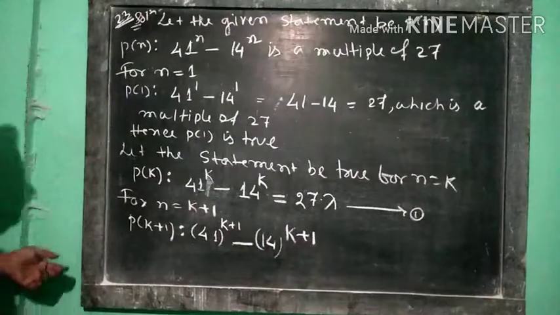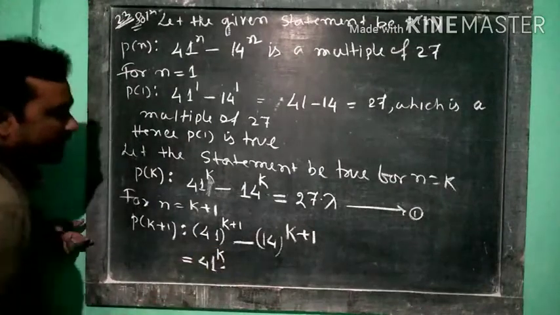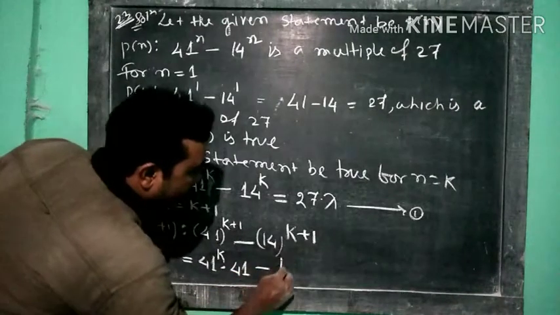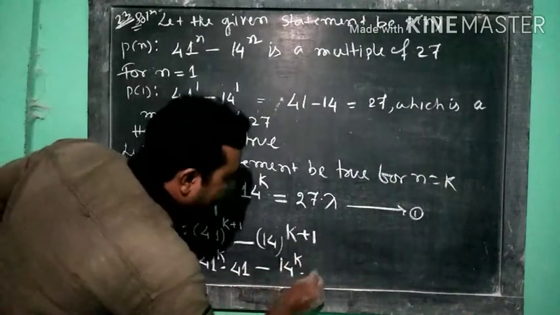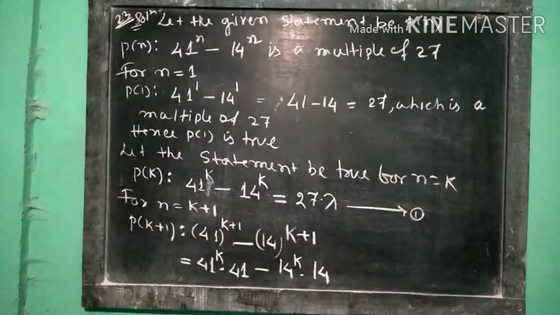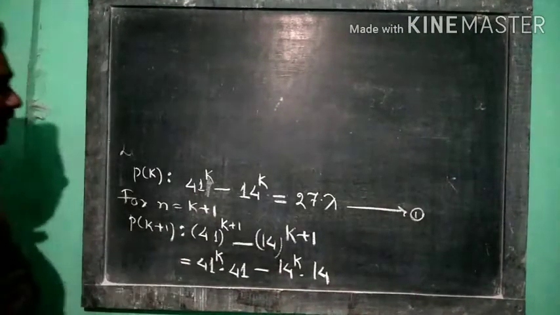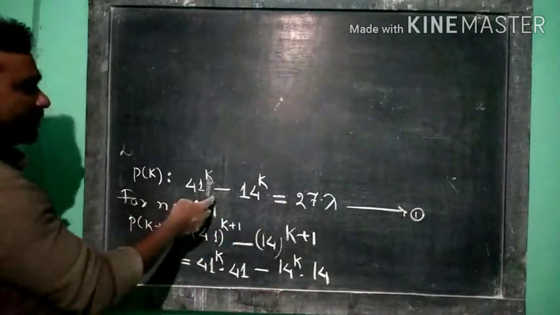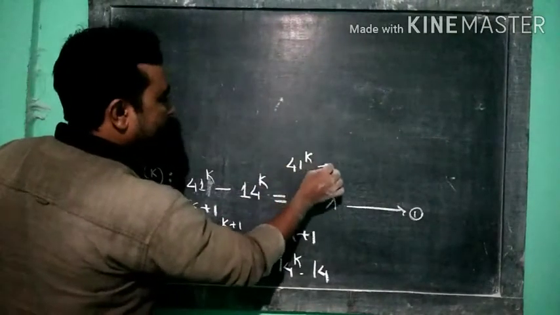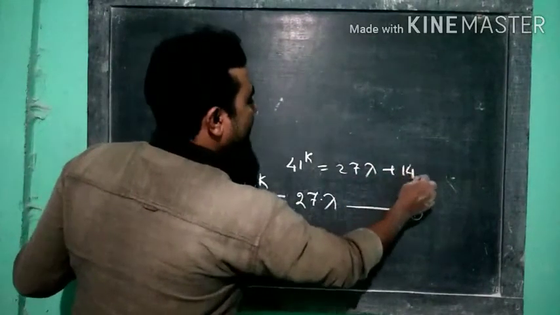This can be written as 41 to the power k into 41 minus 14 to the power k into 14. From equation 1, 41 to the power k is equal to 27 lambda plus 14 to the power k.